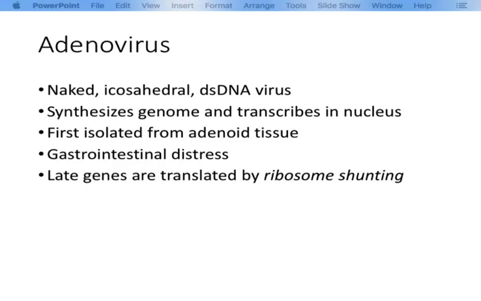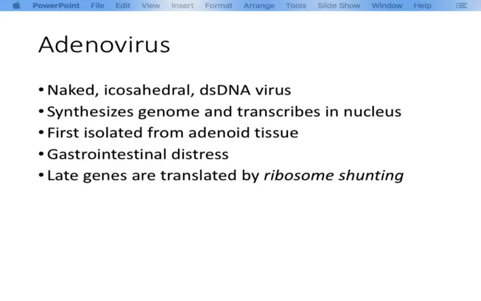It causes gastrointestinal distress, and actually there's a number of different potential symptoms. So just recently there was a report that came out that said out of 178 patients that were admitted to a hospital suspected to having influenza, about 10% of them actually had adenovirus infections. So there is this thought that at least adenovirus does contribute to a substantial number of infections, at least in the fall, winter, and spring.